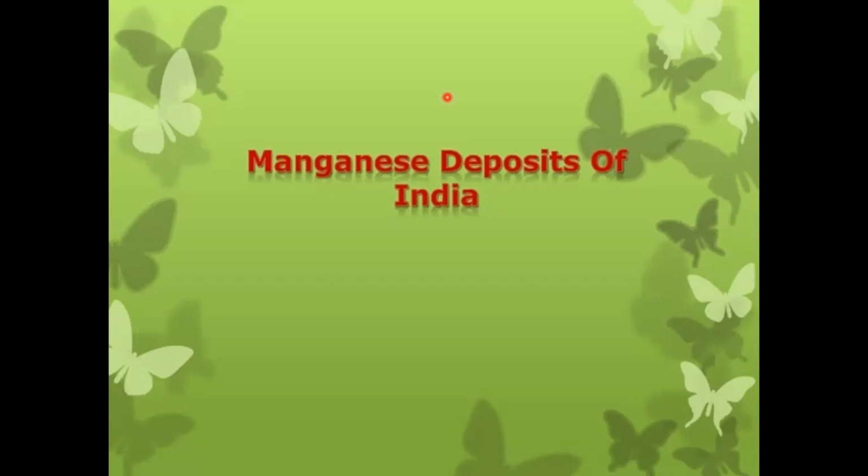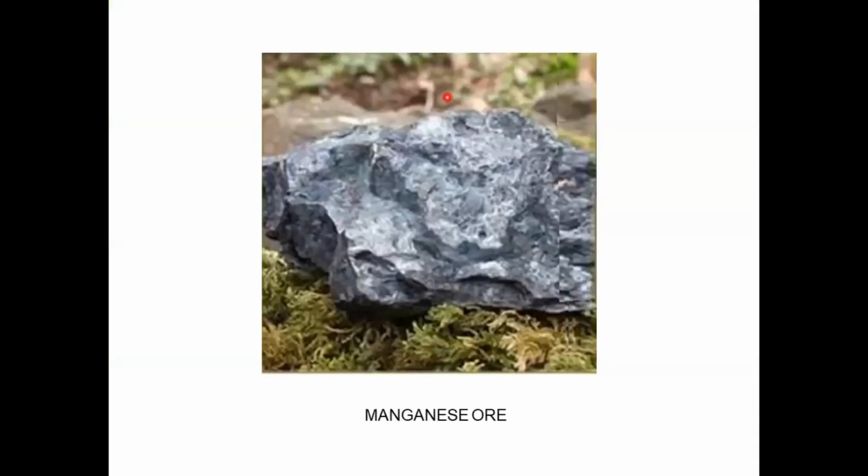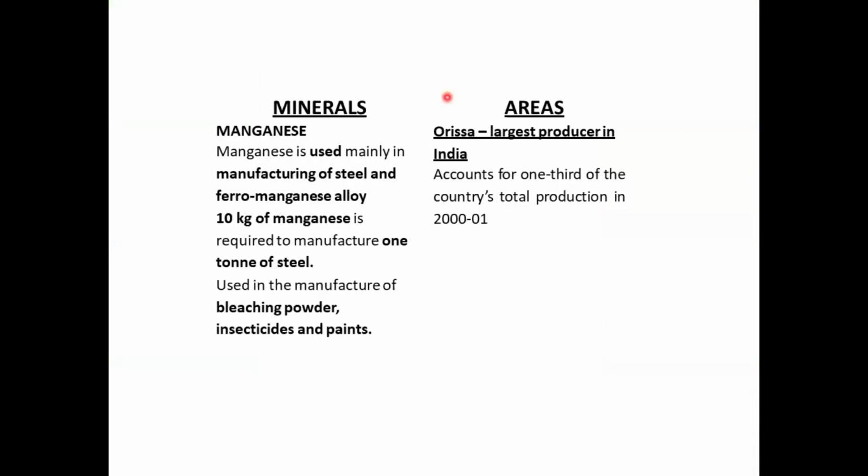So this is important. It is also used in other industries. If we see here, this is manganese ore, and it is also used for making bleaching powder, insecticides, and paint industry.